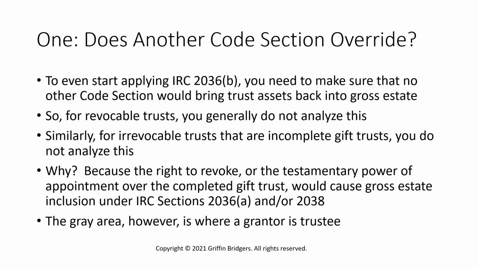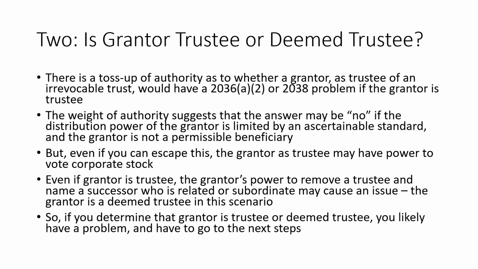Generally where this is going to apply is if you have a revocable trust or an irrevocable trust that's an incomplete gift trust. In any of those situations, the assets are already included in the gross estate, so you don't even get into this voting right analysis. Now, one big gray area is a situation where you have an irrevocable trust that is a complete gift trust, but the grantor is a trustee or could be a deemed trustee.